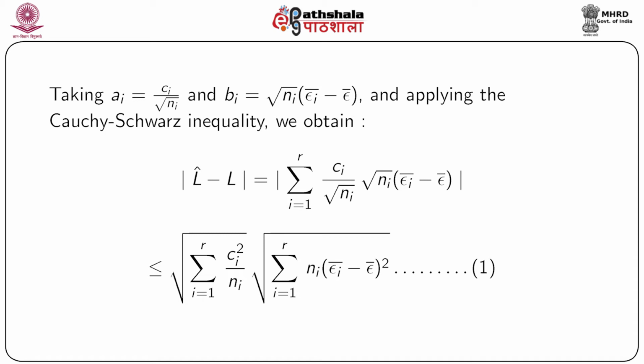Modulus of L hat minus L equals mod of summation i equals 1 to r ci divided by square root of ni times square root of ni into (epsilon i bar minus epsilon bar). By the Cauchy-Schwarz inequality, this is less than or equal to square root of summation i equals 1 to r ci square divided by ni, times square root of summation i equals 1 to r ni times (epsilon i bar minus epsilon bar) whole square.